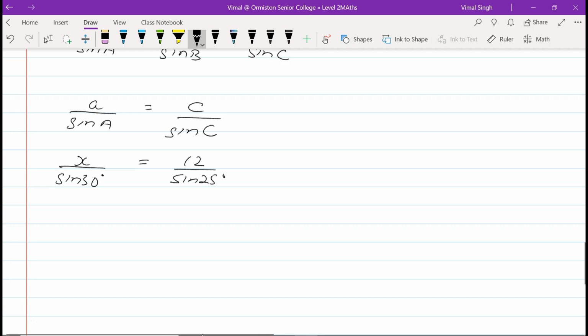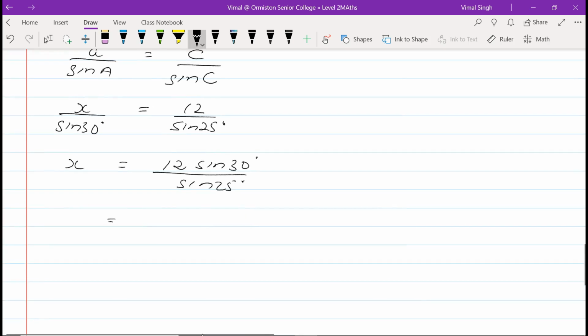Now I can rearrange this. If I multiply both sides by sine 30, I will end up with x is equal to 12 times sine 30 degrees divided by sine of 25 degrees.